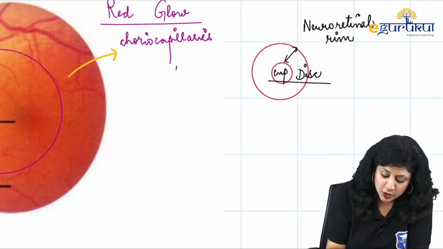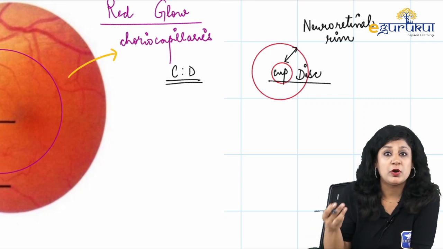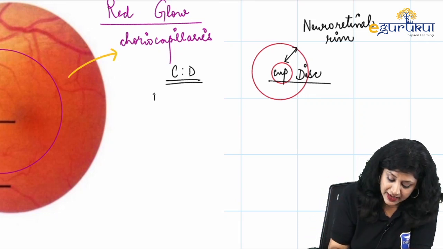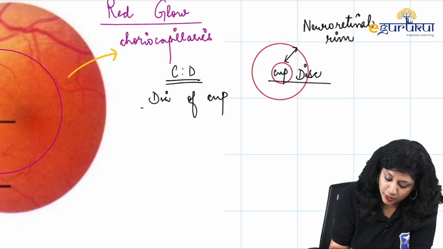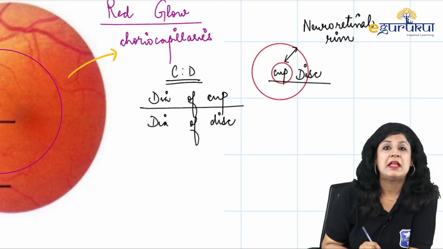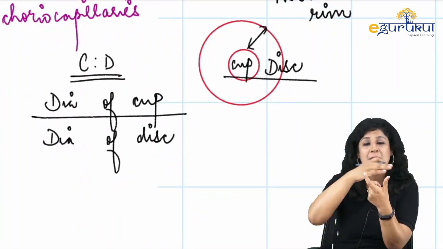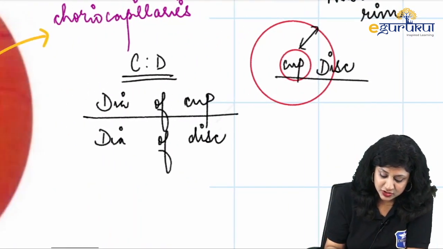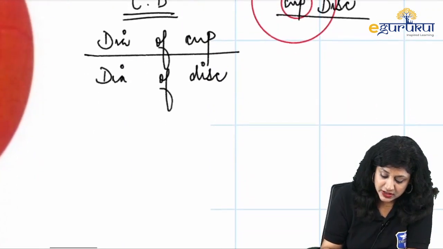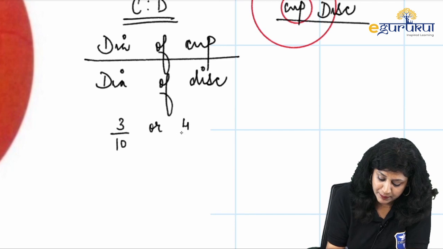And what is the normal CD ratio? Now what do you mean by the CD ratio? That means the diameter of the cup upon the diameter of the disc. If I compare the diameter of the cup in comparison to the whole of the disc, it is just 3/10 parts, or 4/10 parts.